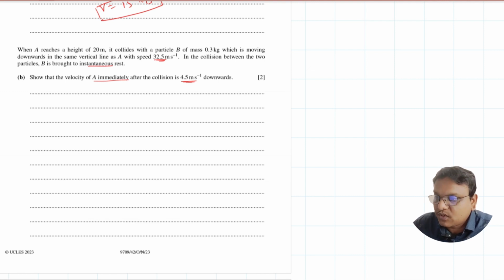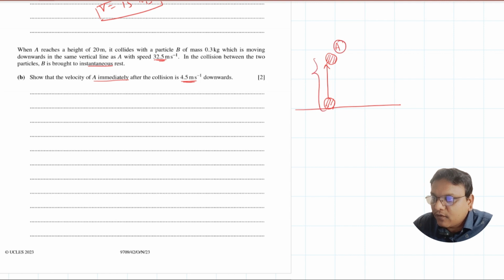We'll try to understand this question. Listen properly. Here what happens is that you projected one particle here, correct? So it reaches a height of 20 meter. Now your A is here. This particle is A, which is already at a height of 20 meter, correct?